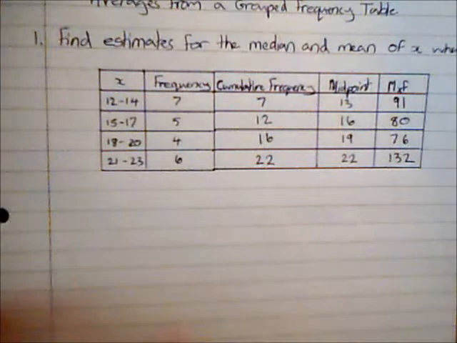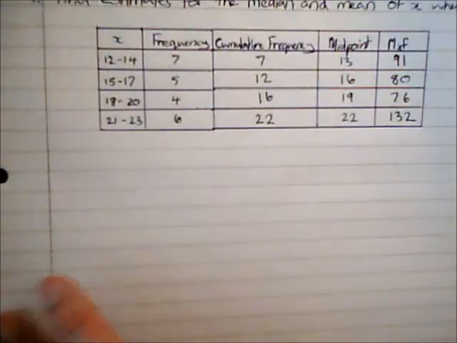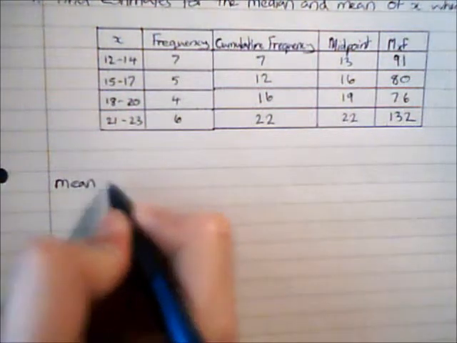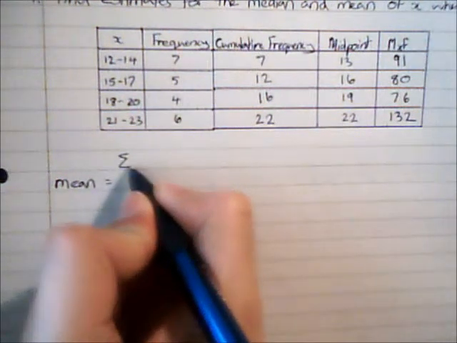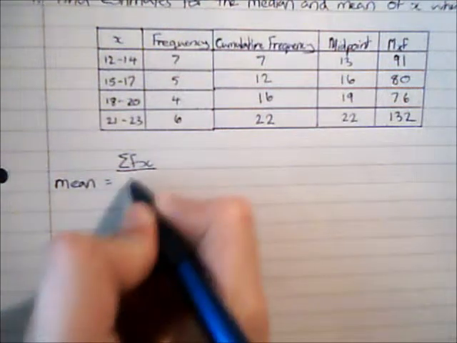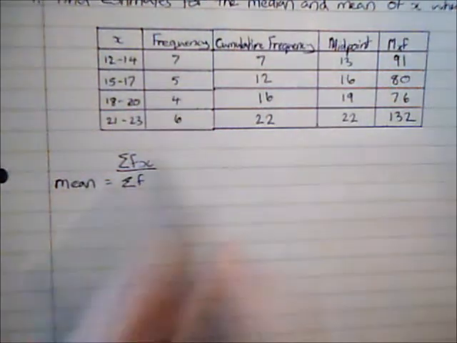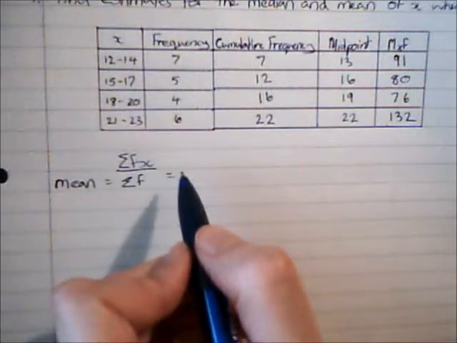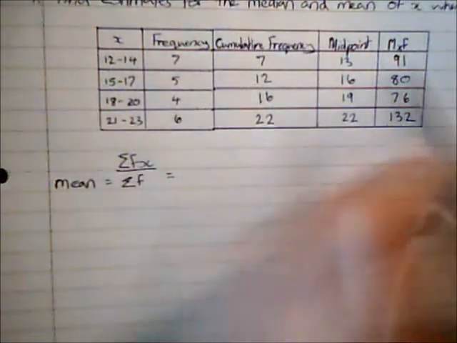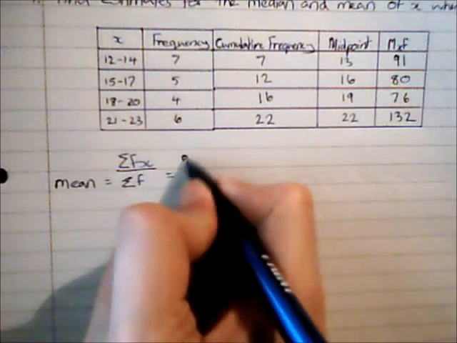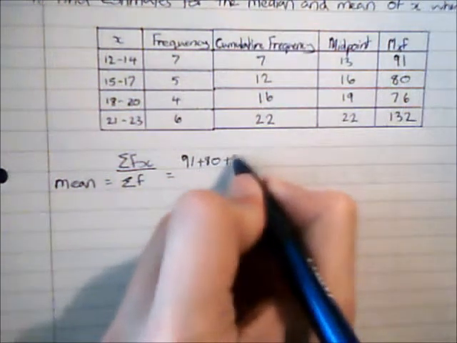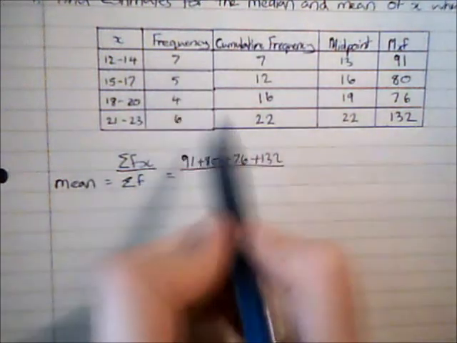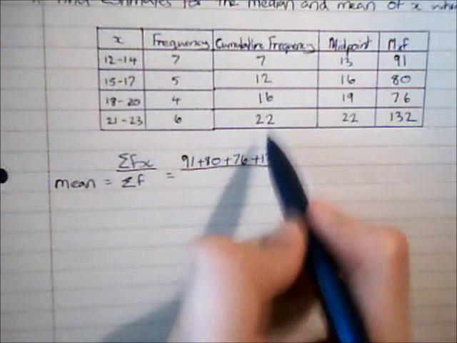So we're going to actually look at the mean first, because that's slightly easier. So we're going to use the same formula, which is sigma fx over sigma f, which is what we used when we had discrete data in a table. So sigma fx is the sum of my midpoint times frequency column over the sum of my frequency column, which I can actually just use this last value of my cumulative frequency.